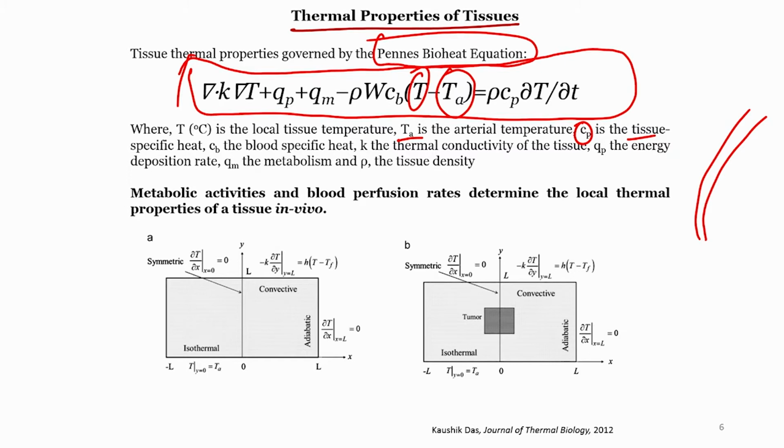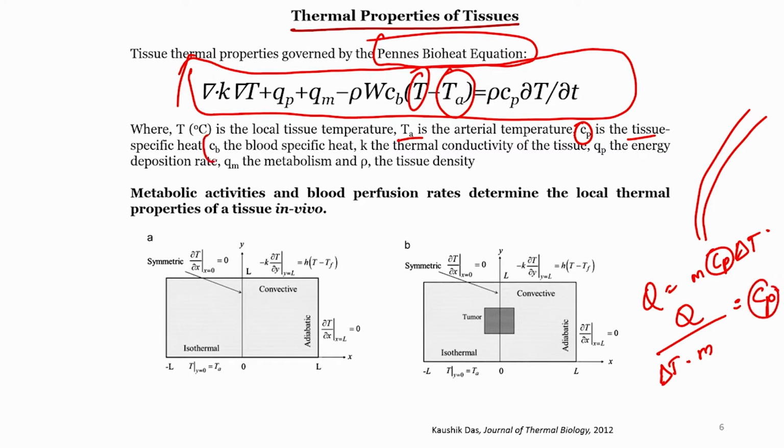Specific heat capacity is a measure per kg or per unit weight: Q is equal to m Cp delta T. So what is Cp? It is the increase in heat energy per unit rise in temperature per unit mass of the quantity. That is specific heat capacity of the tissue, Cp.